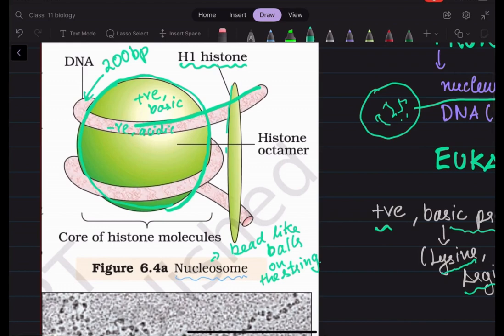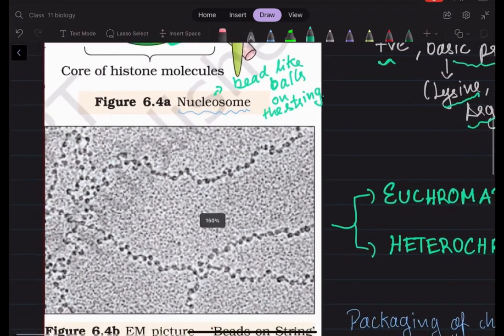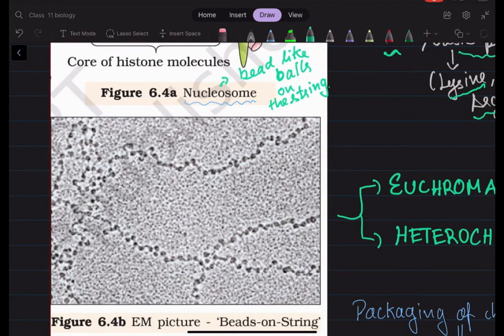So what happens is that this DNA continues itself, and again one more histone octamer will be present, and it wraps itself around it, and it continues this again. So like this, you will find that it forms a string. These are the various nucleosomes present, and the DNA wraps itself around them and continues.